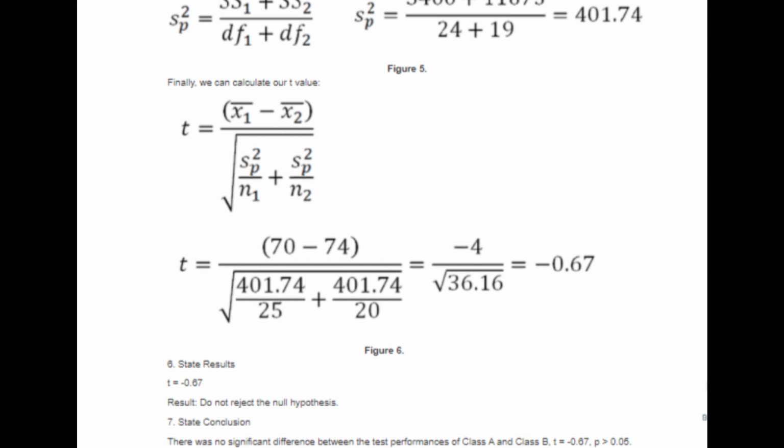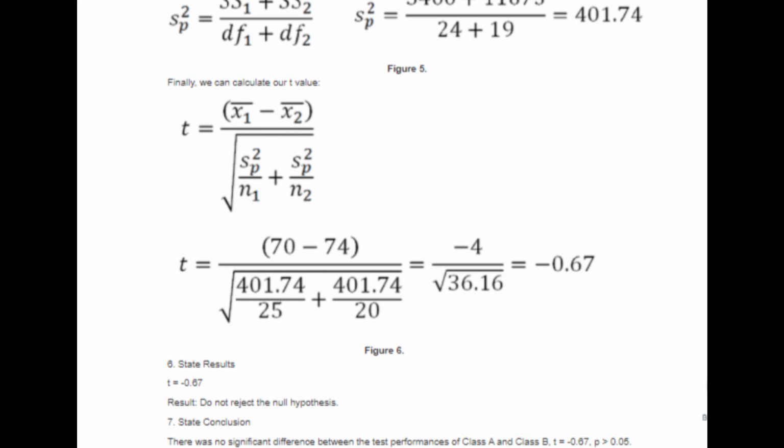Last example: first we define our null hypothesis, then state the alpha, calculate the degrees of freedom, state the decision. Then we calculate the test statistic, which is df sub 1 equal to n sub 1 minus 1 equal to 25 minus 1 equal to 24.